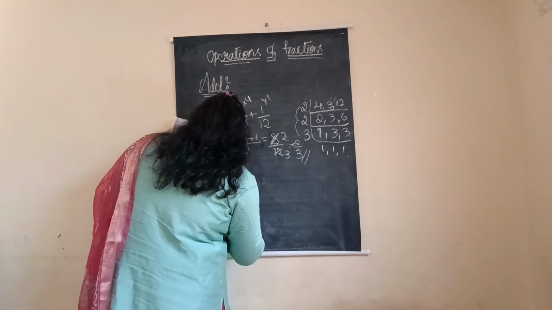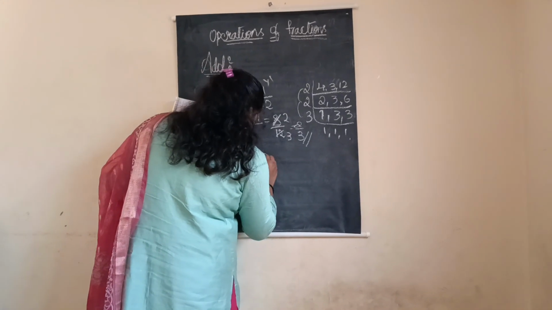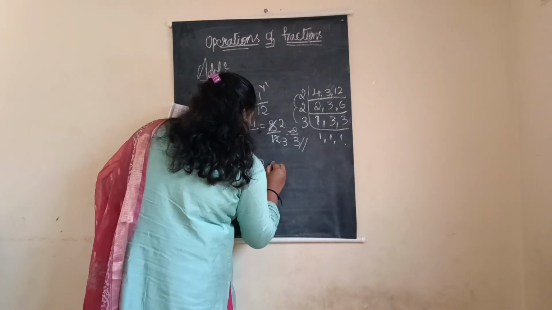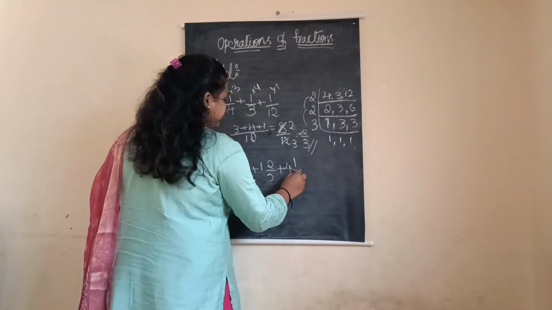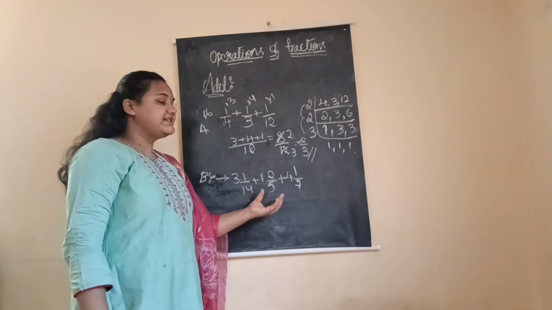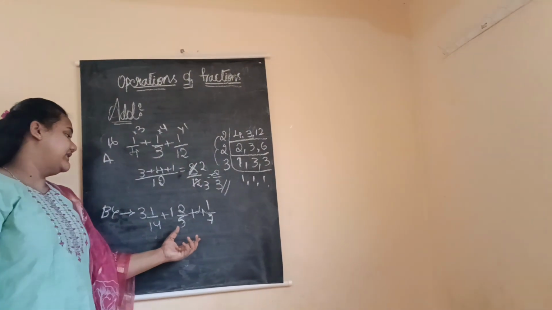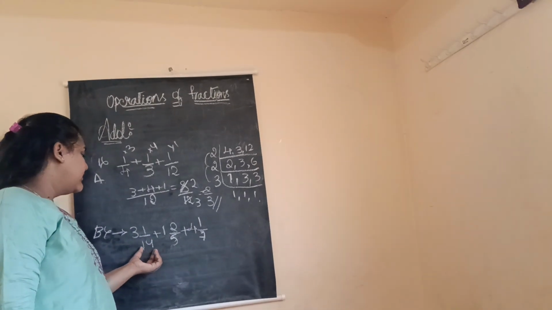3 1 by 14 plus 1 2 by 5 plus 4 1 by 7. Here in this case, these are unrelated. How? Because 5 is not divisible by 14.